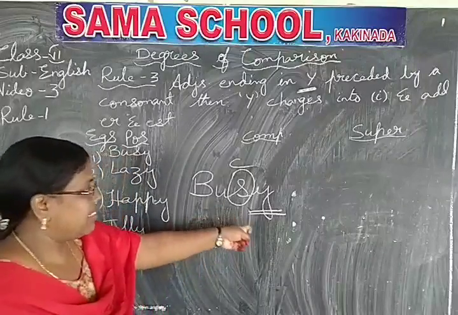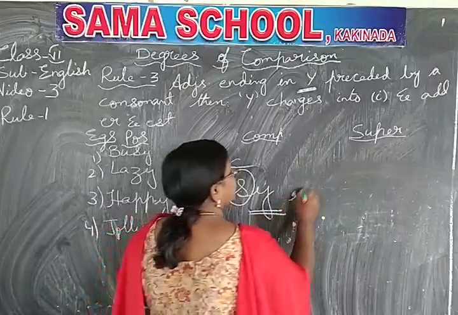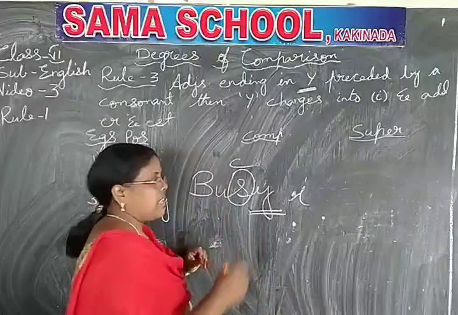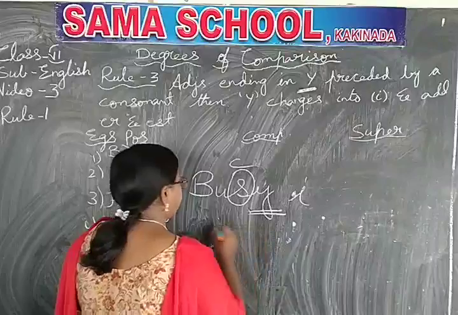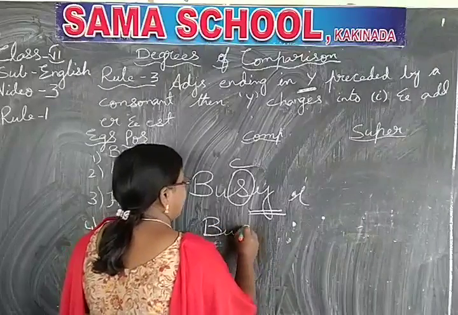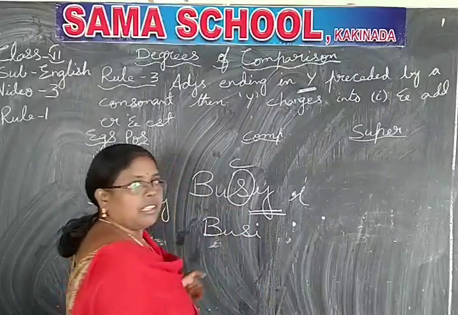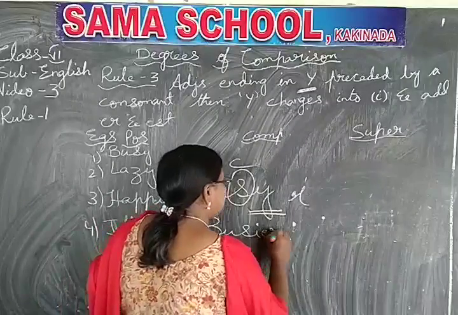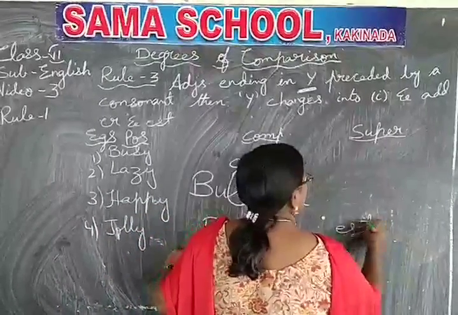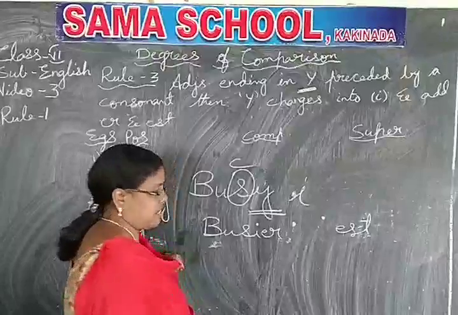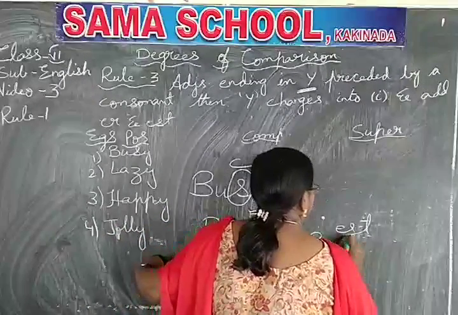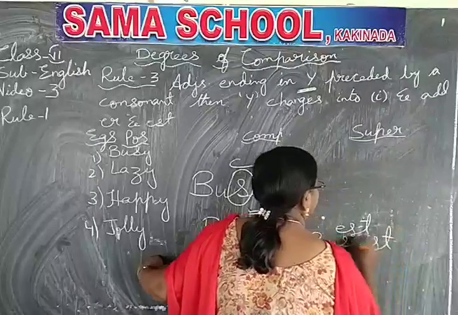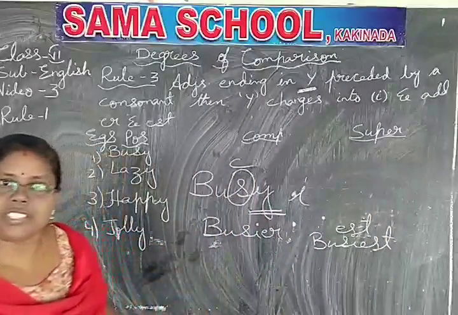That time, this Y will change into I. B-U-S-I. Add ER and EST to make it comparative and superlative degree. Busy, busier, busiest. Third rule, is it clear?